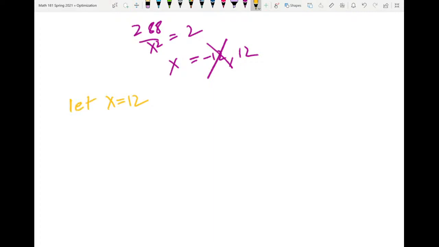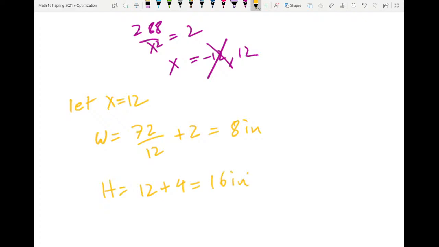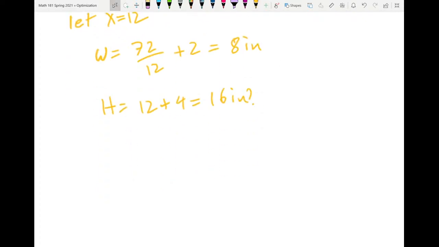Then what's the actual width? 72 over 12 plus 2 gives me 8 inches. And the height would be 12 plus 4, which is 16 inches. So the dimensions would be 16 inches by 8 inches. That was a hard one. Any questions, guys?